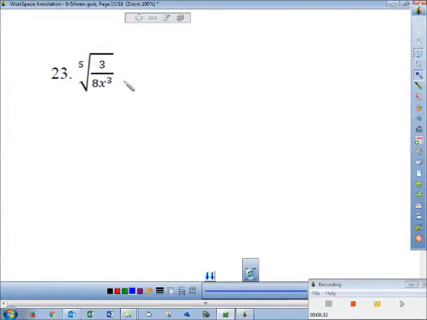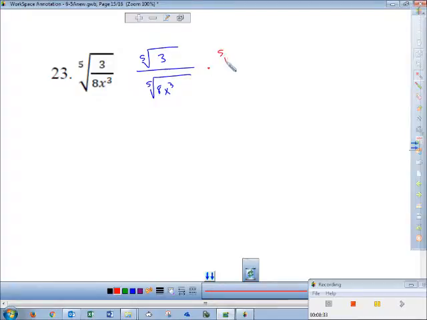So here, very similarly, split them up. Fifth root of 8x cubed. Got a radical in the denominator, so I'm going to rationalize him. And this number here, 8, not a perfect fifth, not a perfect fourth, it is a perfect cube. That's what 2 cubed is.